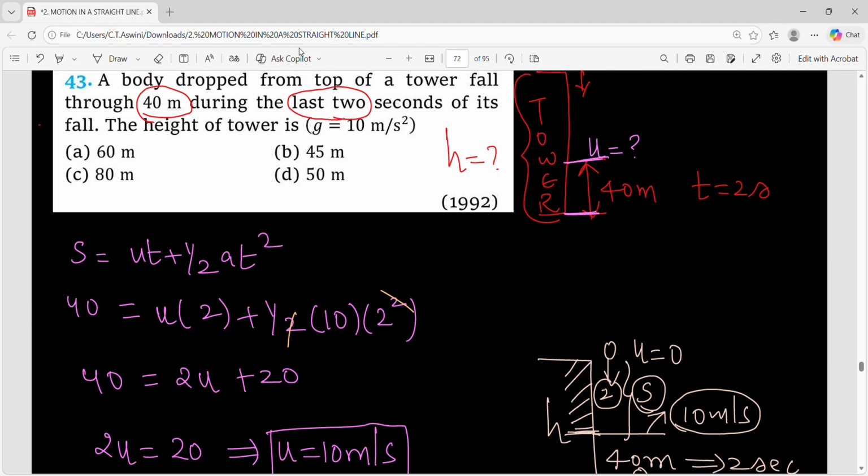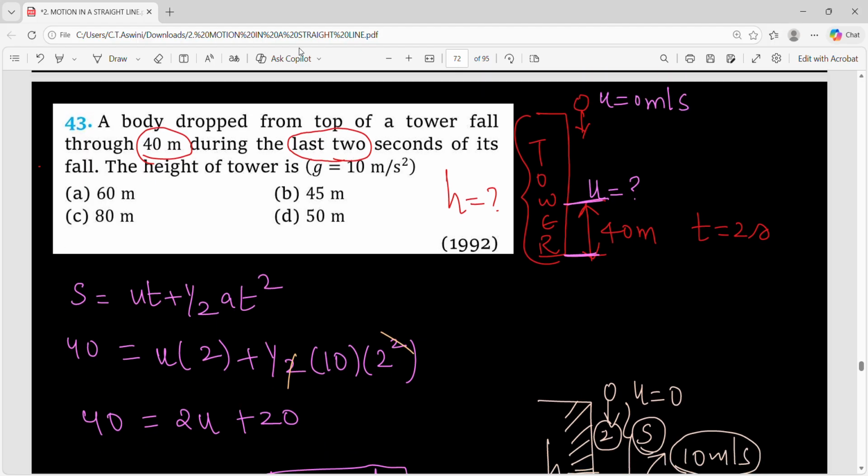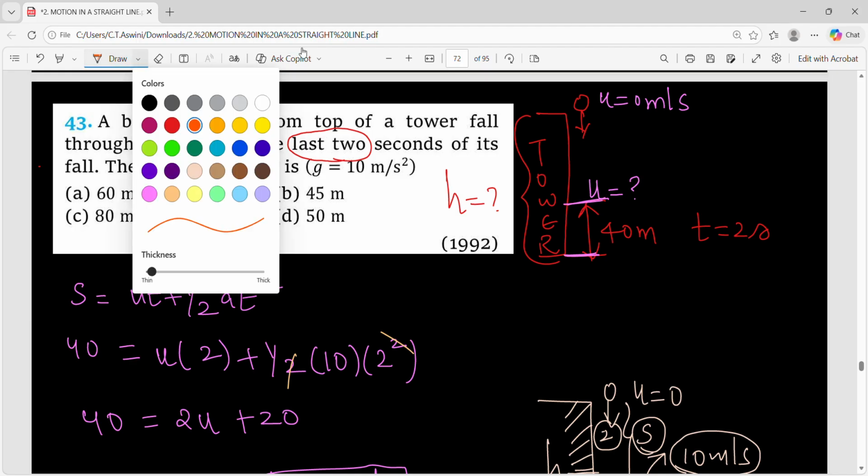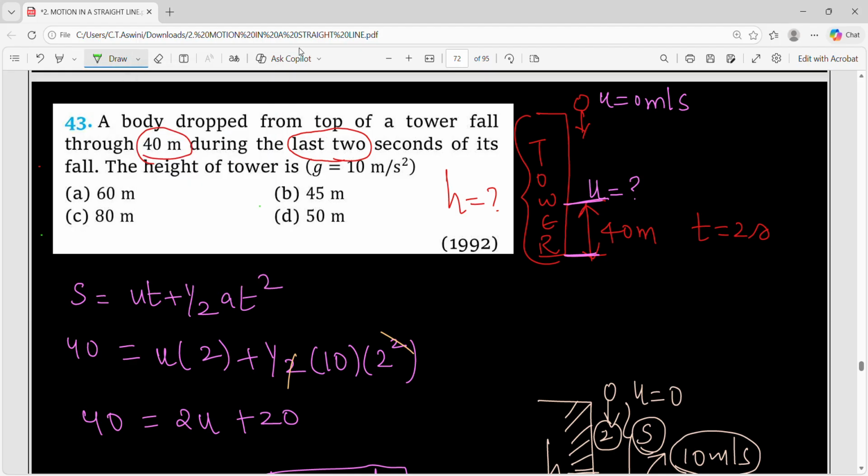First, find out the initial velocity for the lower 40 meters. That initial velocity will be the final velocity for the remaining height above the 40 meters. So you can find the distance and it comes out to be 5. So the total is 40 plus 5, 45. The answer is option number B.